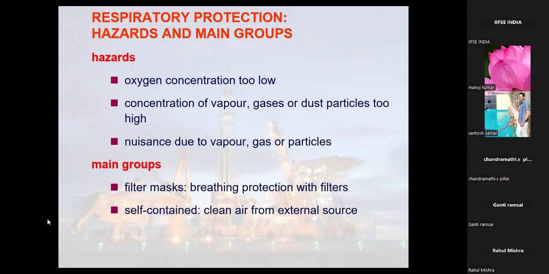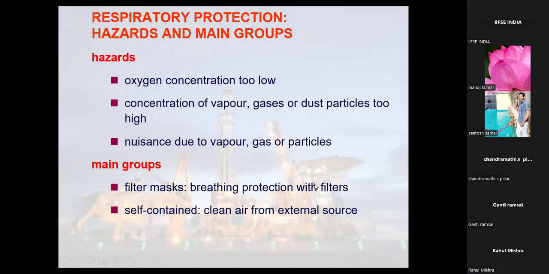Now the two main types of PPE that can be used are the filter mask, that is for breathing with filters, or self-contained. Self-contained is clean air from an external source. This is the difference between filter mask and self-contained. Filter mask is worn, but the only thing is you will be breathing the air through filters.